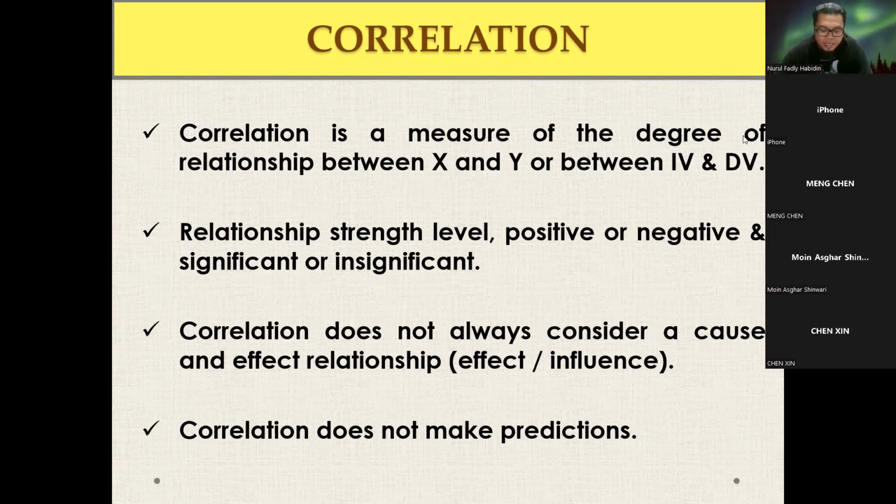Similar to correlation, we can also measure by influence. The difference between correlation and influence is based on R square, regression. So influence we also call regression.